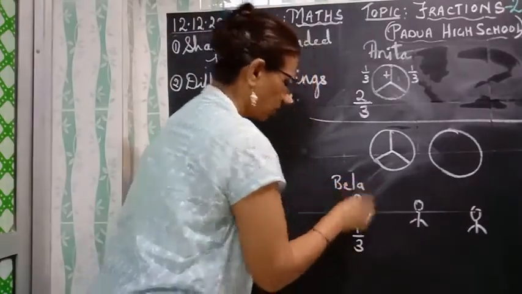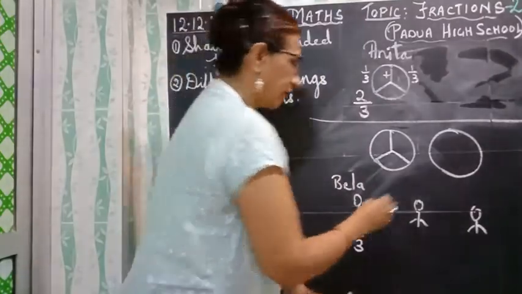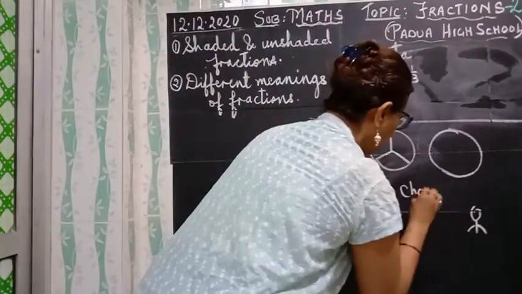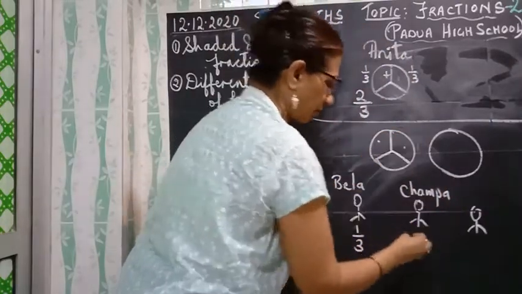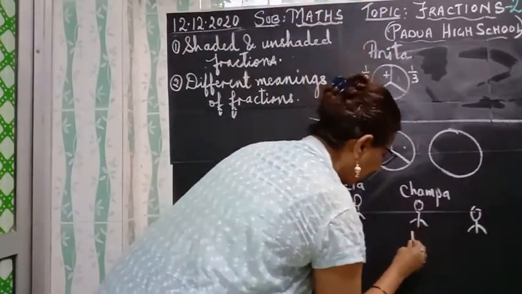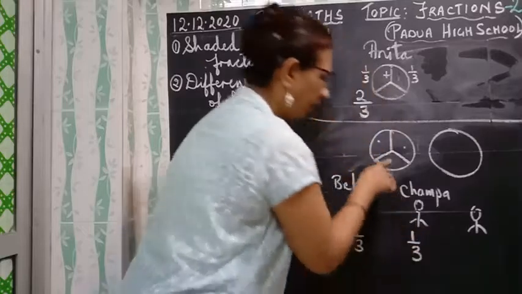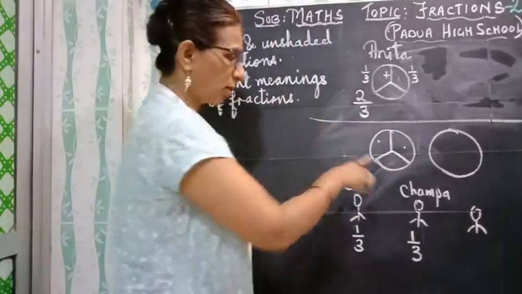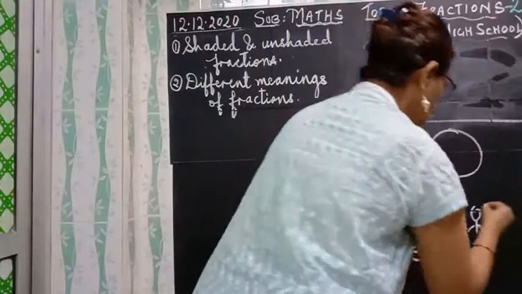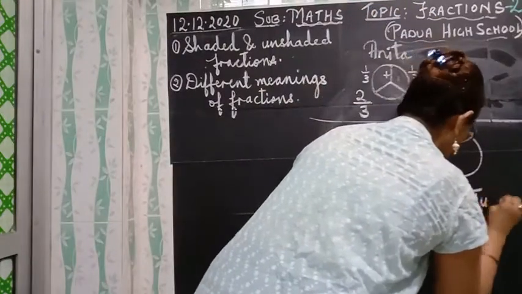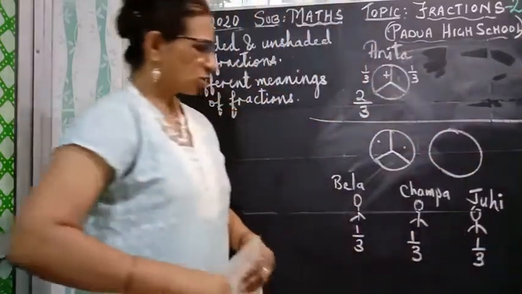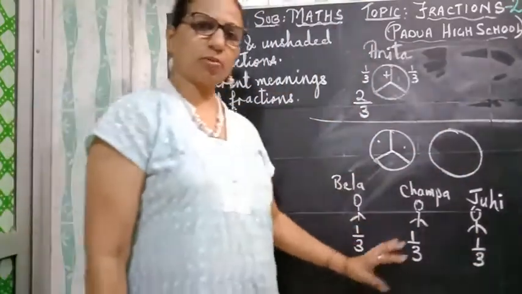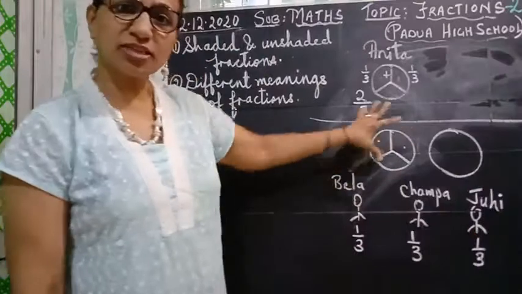Bela got 1/3. Then you have Champa. Champa also gets 1 part, 1/3. And the last portion, who gets this? Juhi gets this. So she also got 1/3. So they all got one part of these 3 parts.